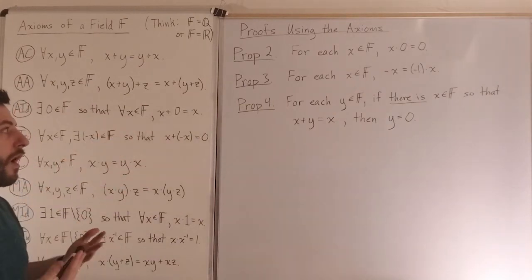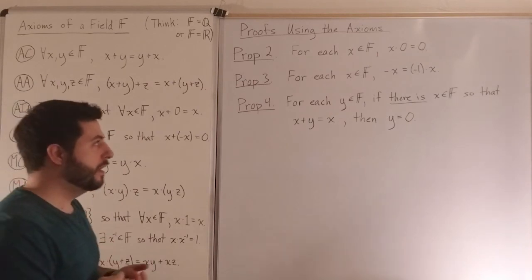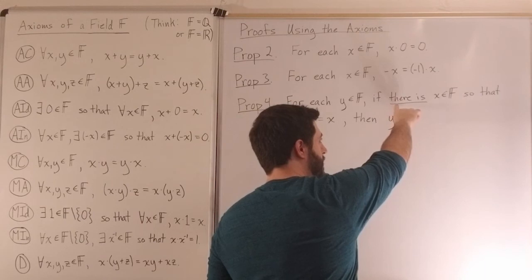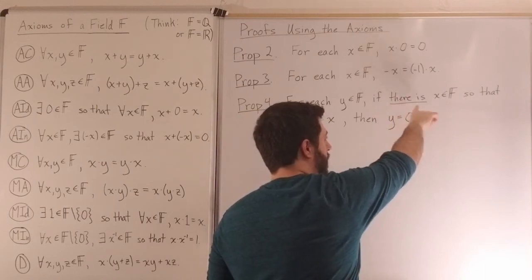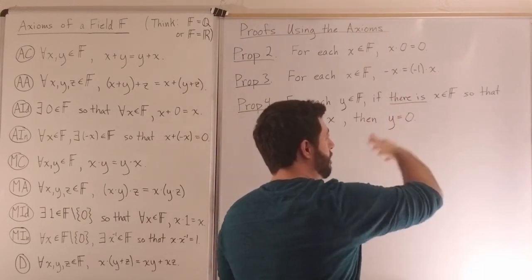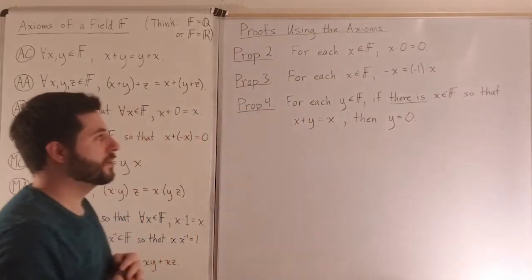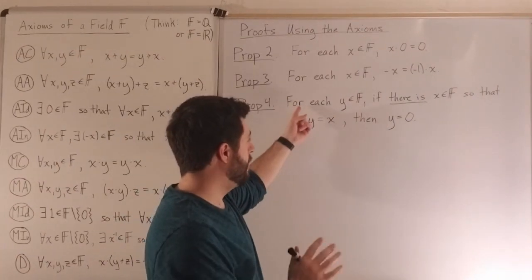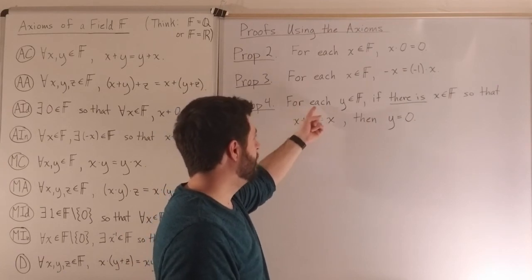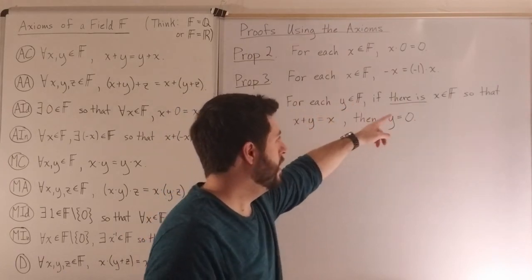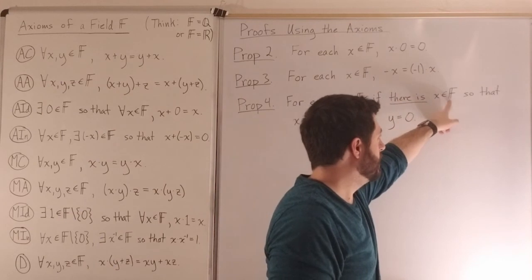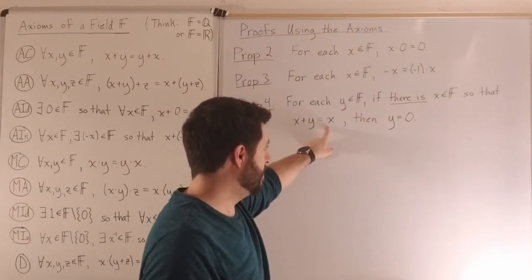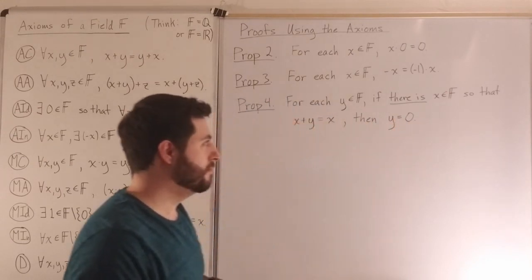So just to note, we've already proved proposition 1, which said this exact same statement, but where this quantifier was a for all, a universal quantifier. Another way of saying this is proposition 1 said for each y in f, if for every x in f you have this equation, then y must be 0.